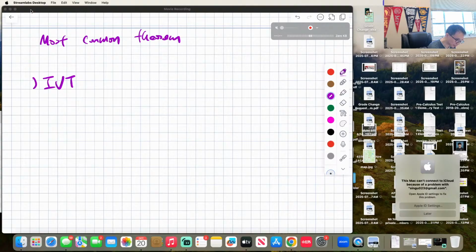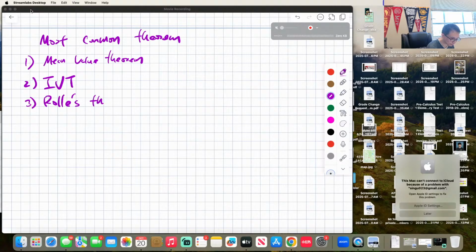Rank number 1 is actually mean value theorem. That's the most popular theorem. The third is going to be Rolle's theorem. So that's the ranking as far as the theorems go.